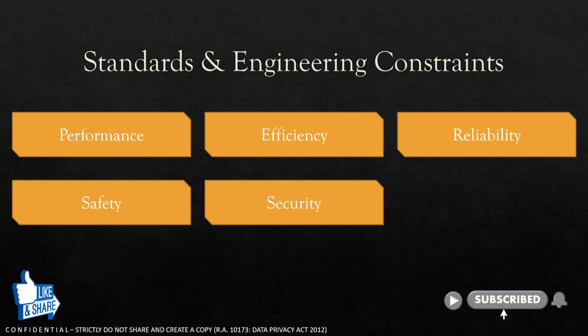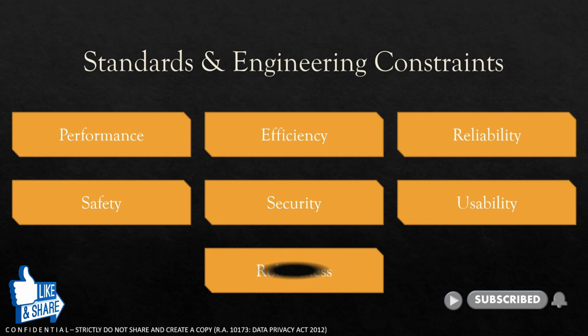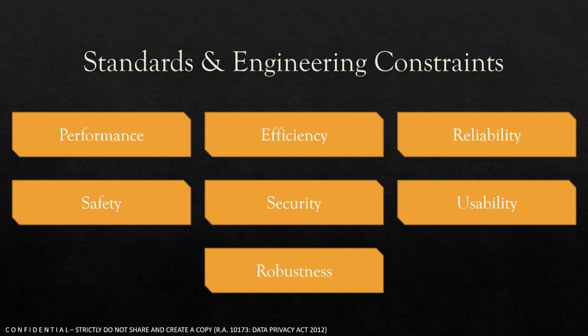Fifth is the security. Sixth is the usability. And last is the robustness. Meaning, since we have different limitations, the design process therefore involves different optimization activities to further develop different embedded systems. Okay?